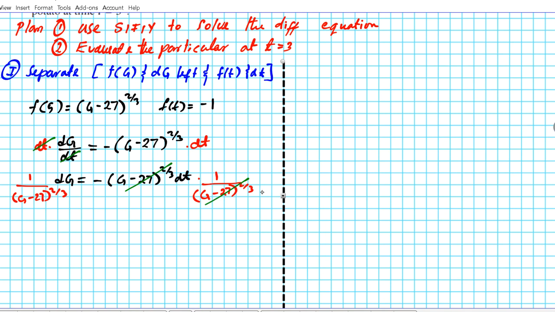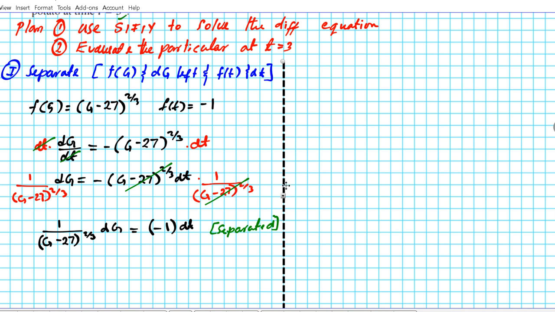Then we have a separated differential equation: 1 over g minus 27 to the 2/3 dg on the left, and on the right side we have f of t, which is -1 dt. So we have separated the differential equation, and we've accomplished step S in our SCI-FI process.